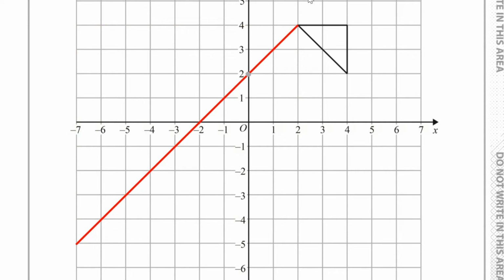And for example, this point, it goes through this point here, so we have something looking like this. Let's think about this.